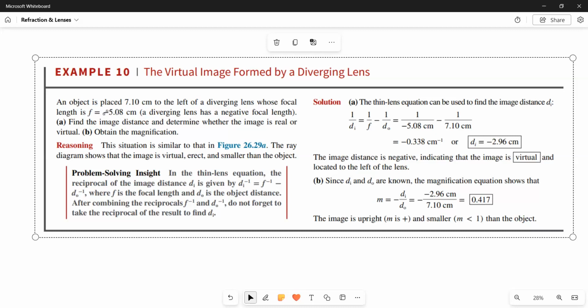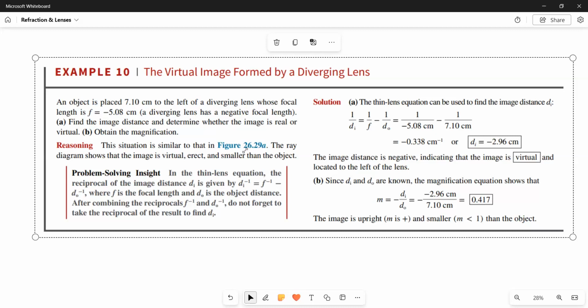The negative means that this focal length is in front of the lens, right? They want you to find the image distance and determine whether the image is real or virtual and obtain the magnification. So what is that going to look like?